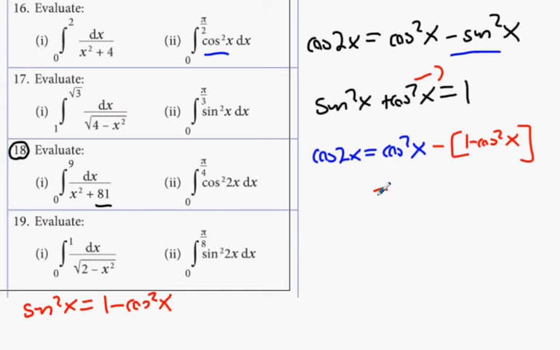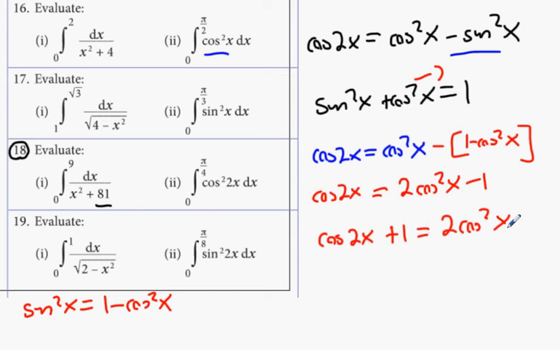Then we get 2 cos squared x minus 1 equals cos 2x. Bring it over to your side and we get cos 2x plus 1 equals 2 cos squared x. And then it's basically a half of both of them, isn't it? So it's a half cos 2x plus 1 equals cos squared x. Are we happy enough with that?